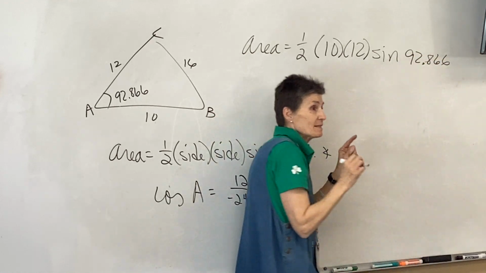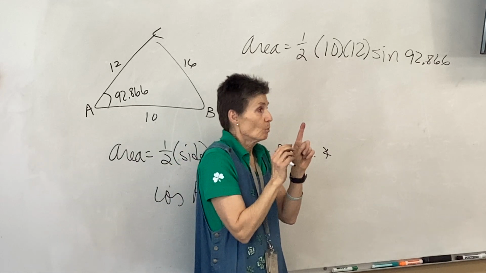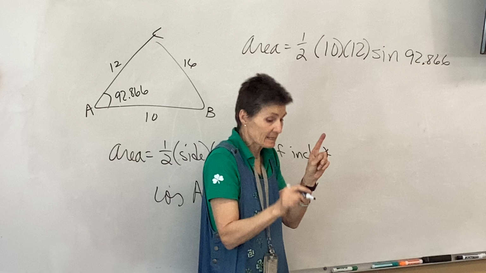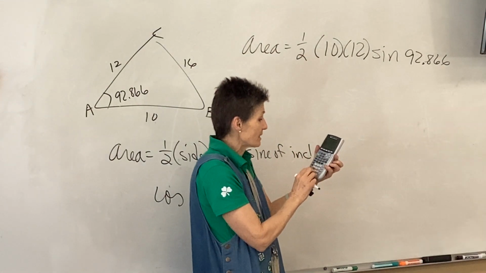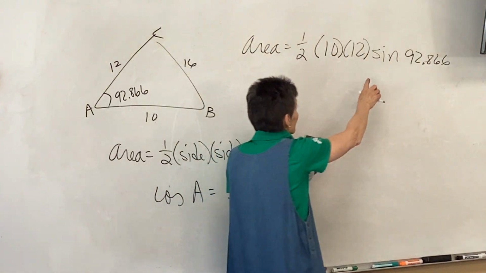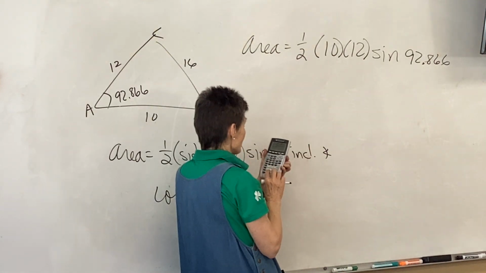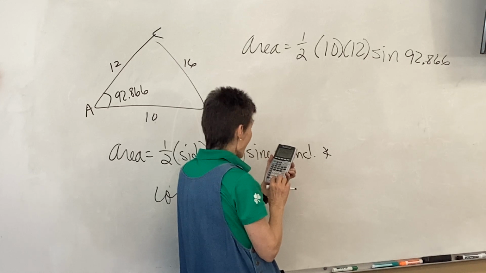All right, this is important to me here now. We're not going to type that angle back in. It's right here on my calculator, right? So let's take the sine of it. So just sine answer. And then multiply it by 12 and 10 and a half.